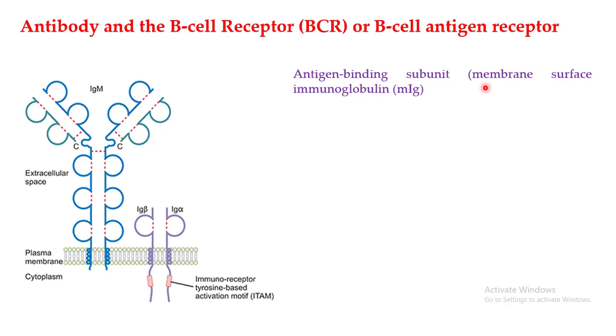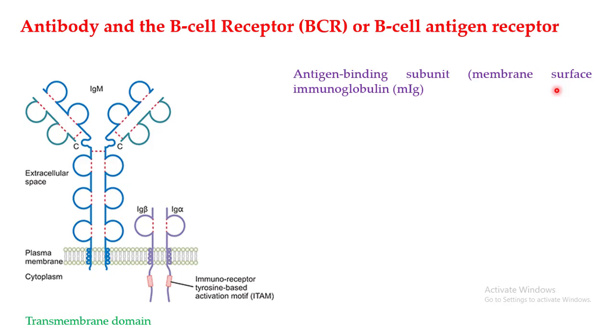If you look at this terminology, that is going to give you a clue about which type of antibody you're talking about. If this is a membrane surface immunoglobulin, you're still talking about the immunoglobulin, but it is stuck to the surface of the membrane. How are these B cell receptors going to be stuck in the membrane of a B cell?